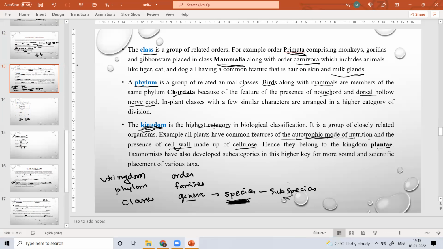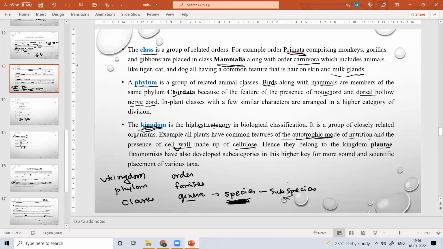Kingdom is the highest category, a broad classification of closely related organisms. That means all plants share one common feature which differentiates this kingdom from the other kingdoms.